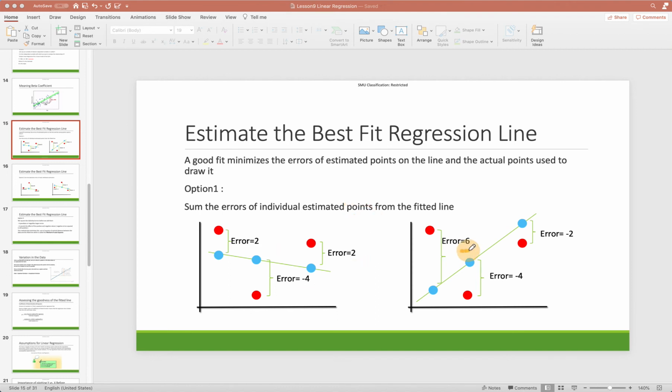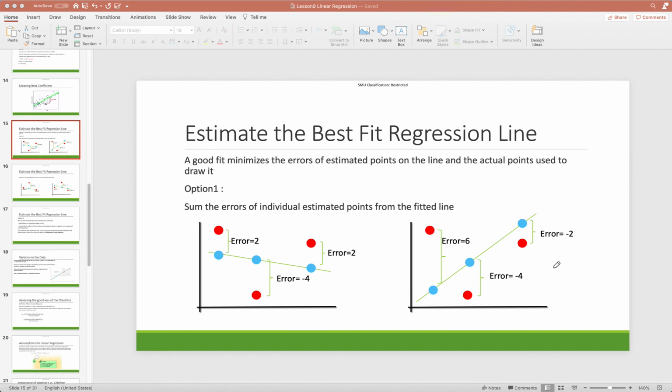And similarly, 6 and minus 4 and minus 2 is also 0. These errors are, by the way, also known as residuals. If we just take the total of that, the negative and positive will cancel each other, and the aggregated error will not give us the true picture. As you saw, the total error was 0, but that is far from the truth. So this is not a good way to estimate the total error.